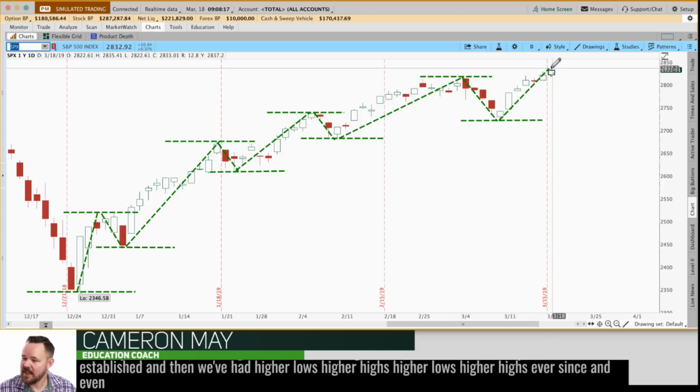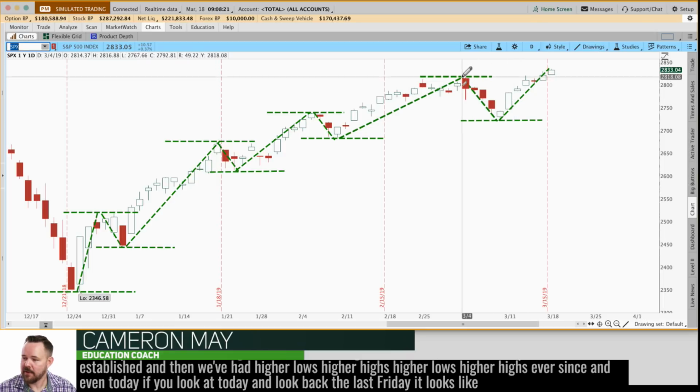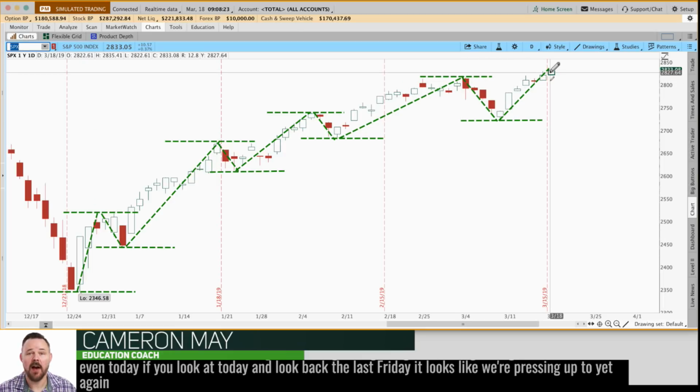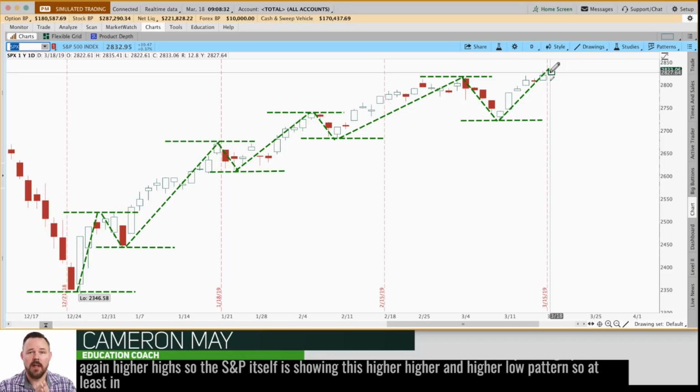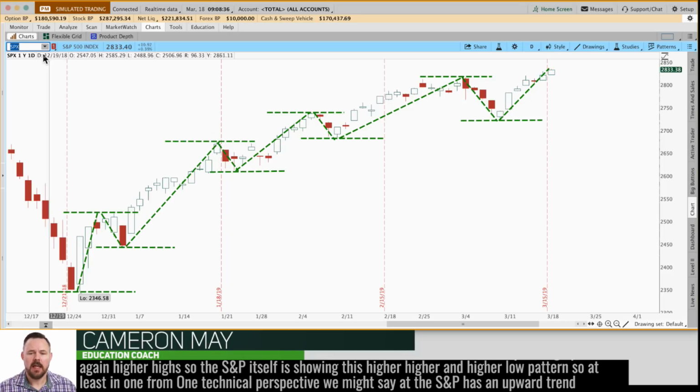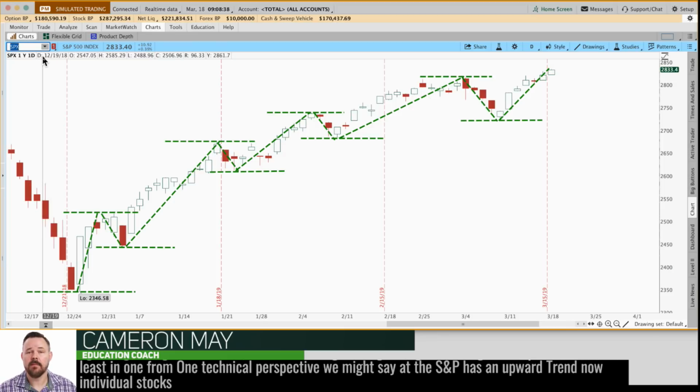And even today, if you look at today and you look back to last Friday, it looks like we're pressing up to yet again higher highs. So the S&P itself is showing this higher high and higher low pattern. So at least from one technical perspective, we might say that the S&P has an upward trend. Now, individual stocks, to a large extent, a lot of stocks are following this.